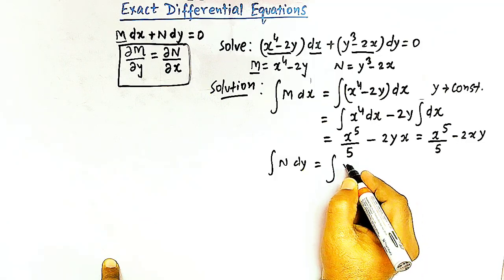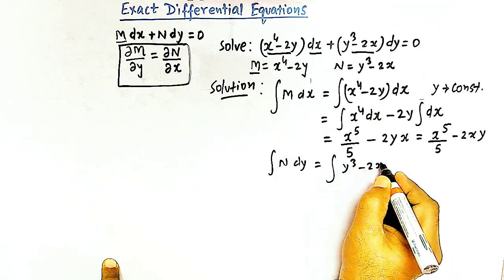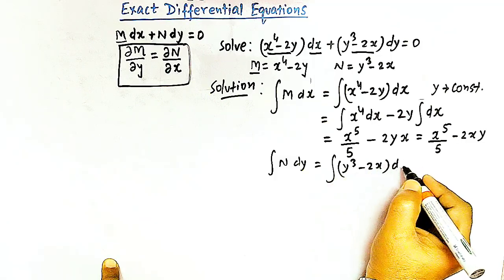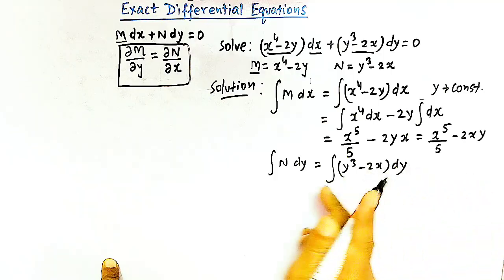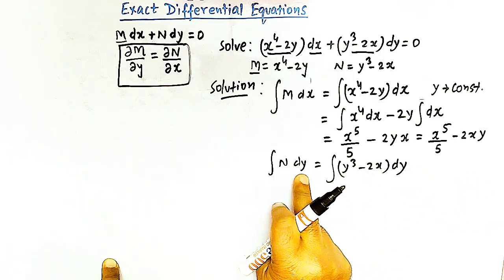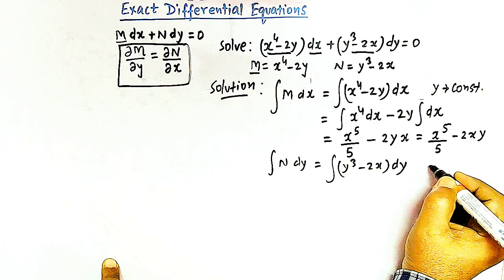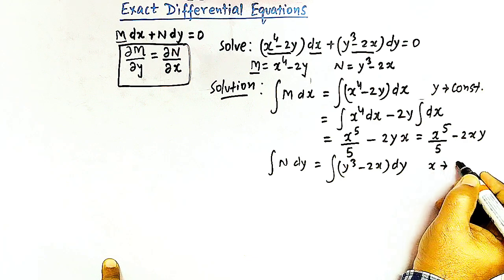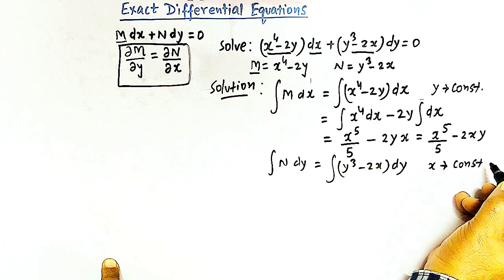So n is y cube minus 2x, and here we have dy, and when we integrate n with respect to y, then in this case we keep x as constant, right?